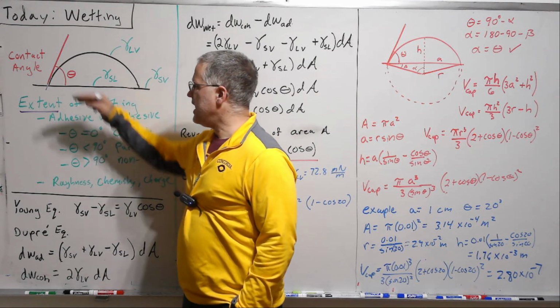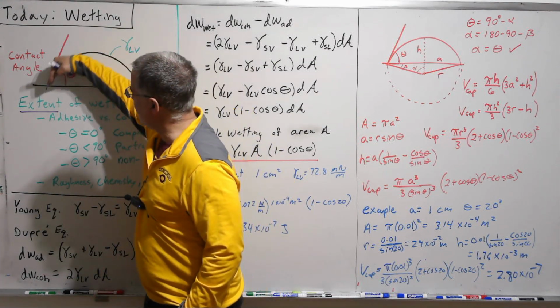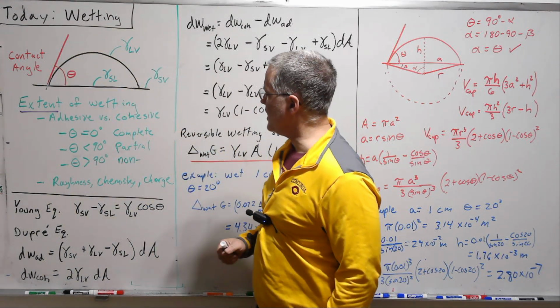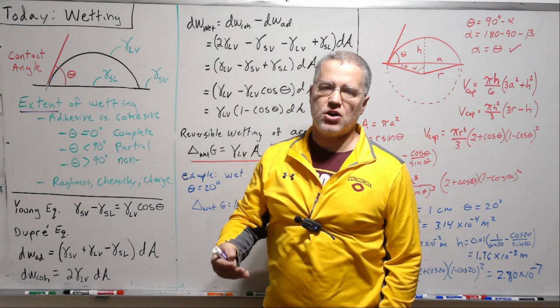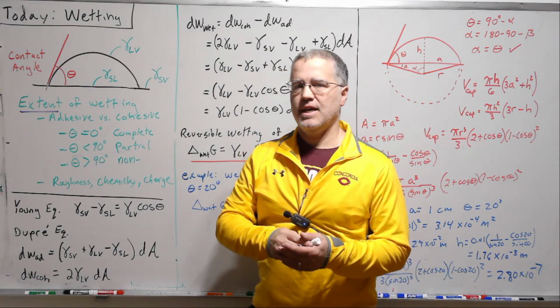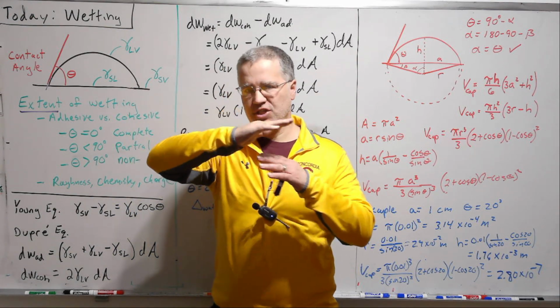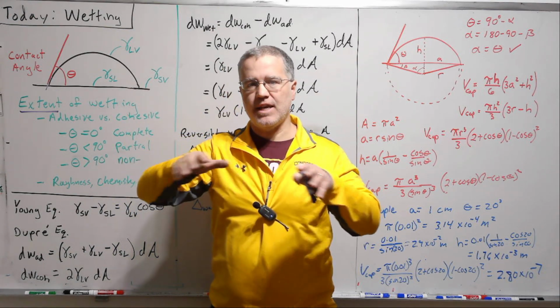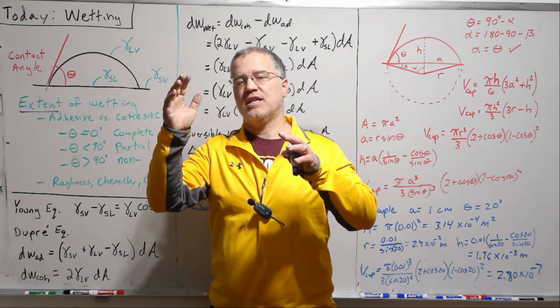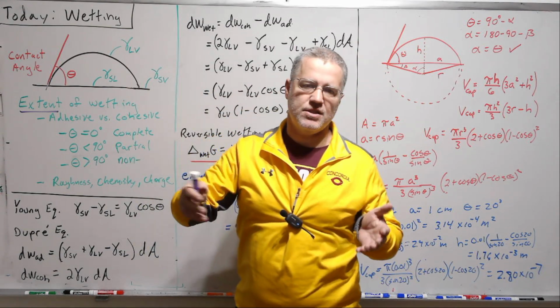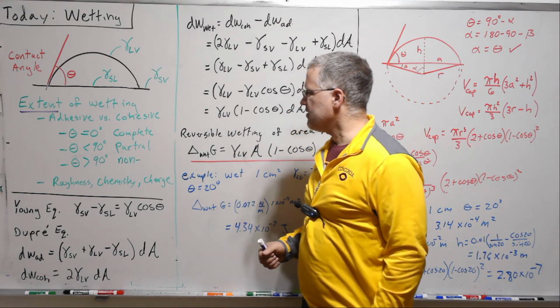If that's less than 90 degrees, kind of like what I have drawn here, then we say it's partially wetting the surface. And that's on a gradient, so if it's a very small angle, then it's really wetting the surface quite well. If it's getting close to 90, then it's just barely wetting the surface.